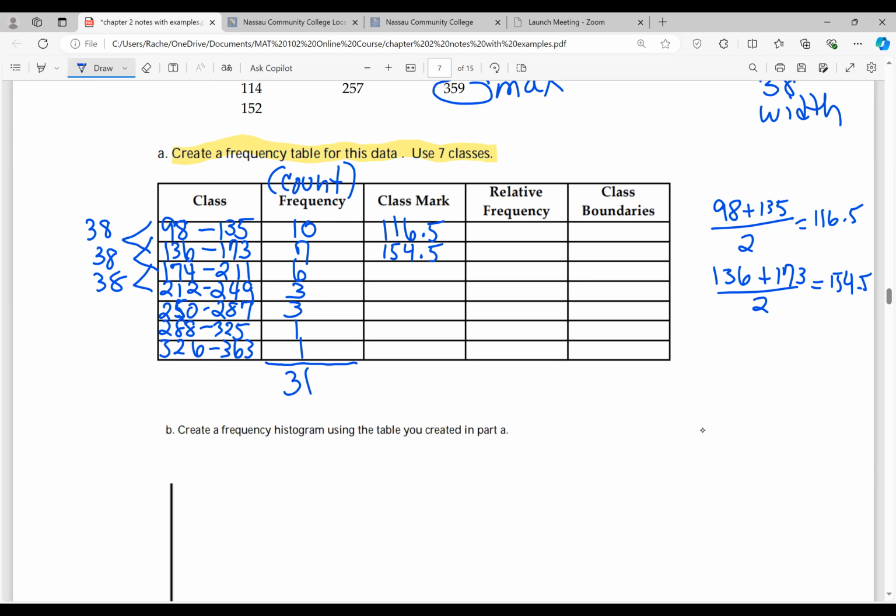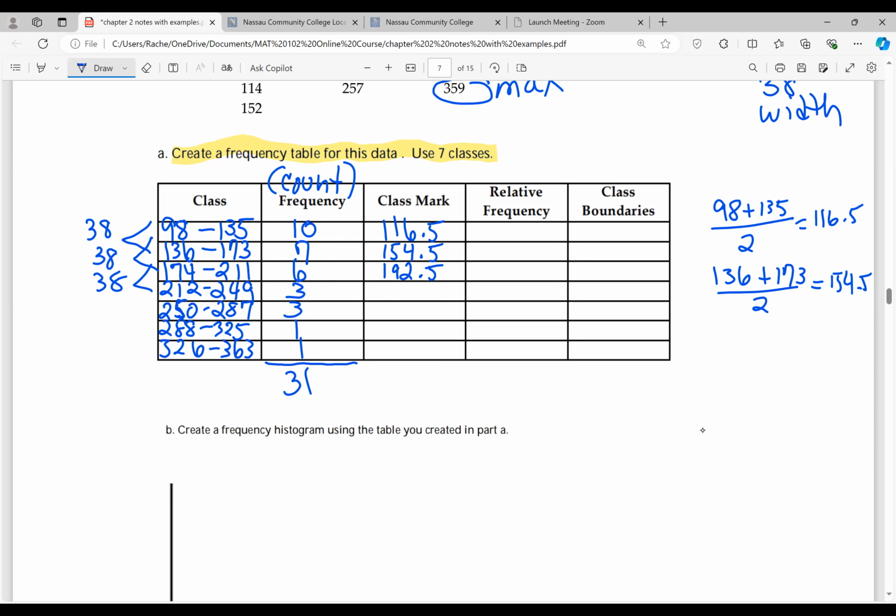Now, let me mention a shortcut. You don't have to make this calculation for every single class. You can if you want, but there's a pattern here. The class width is 38, right? Between each consecutive lower limit and every consecutive upper limit, the difference is 38. So the difference is also going to be 38 for all your class marks. Look, 116.5 plus 38 is 154.5. If you take 154.5 and add 38, you get 192.5.